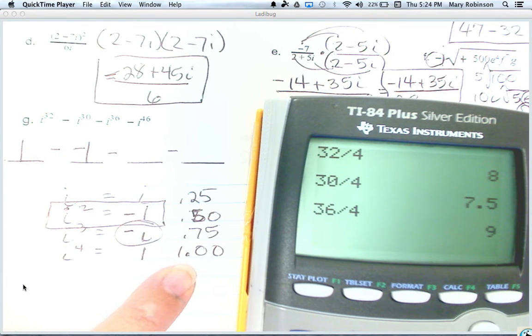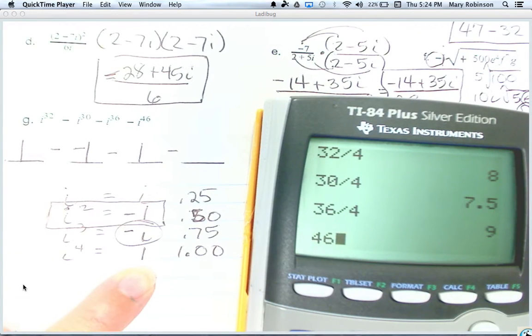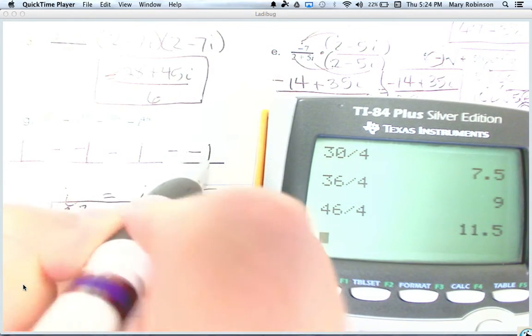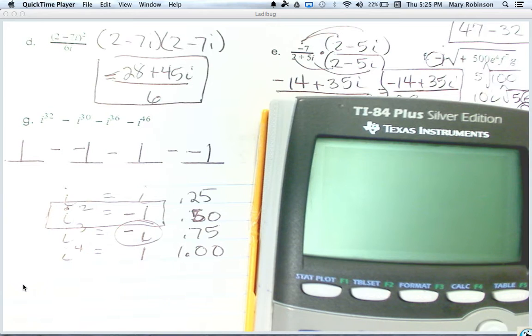We equate that to a whole. And 46 divided by 4 ends in 0.5 again, so we equate that to negative 1. Please don't make this hard. Just type in 1 minus negative 1 minus 1 minus negative 1. Exactly what we have on paper. And the answer is 2.